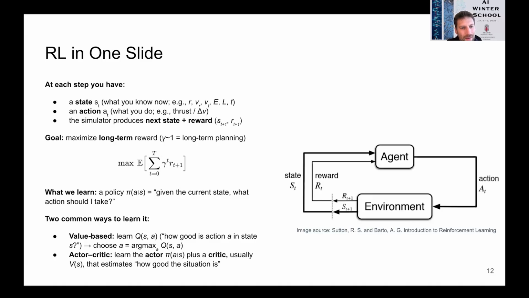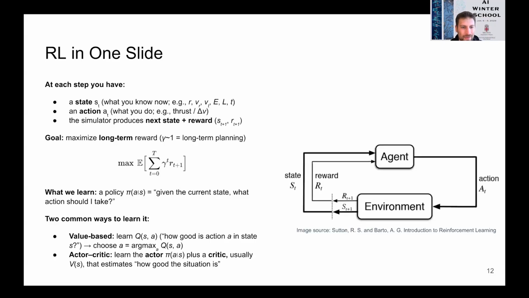What we learn again is that policy. So given a state, what action to take. At a high level, there are two common ways to do it. One is we learn a function called Q, which, given a state and an action, tells you how good that is.